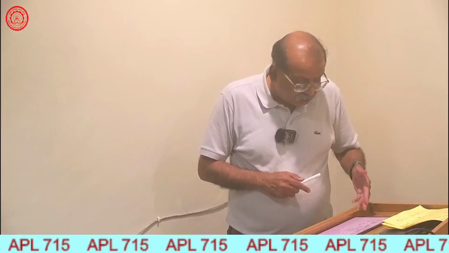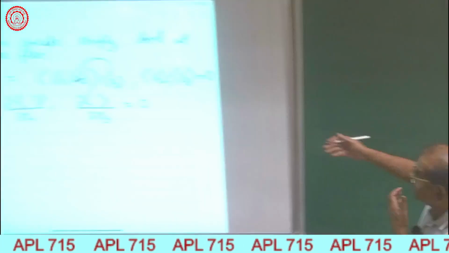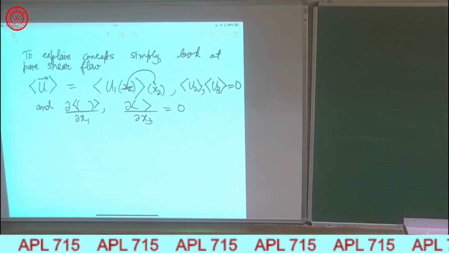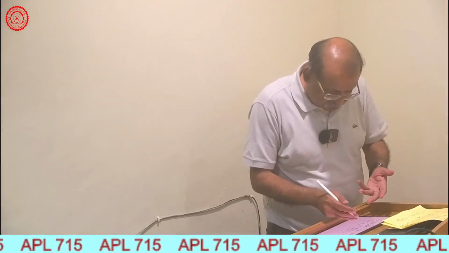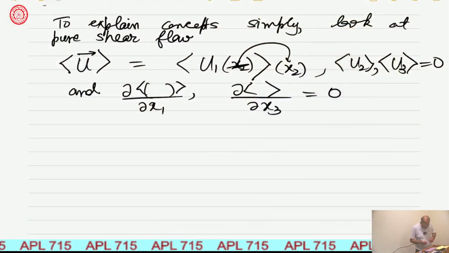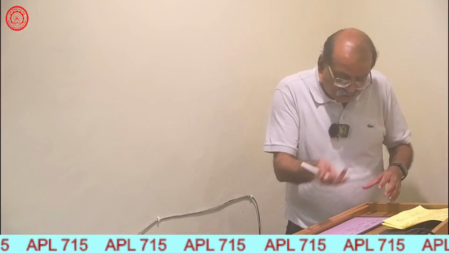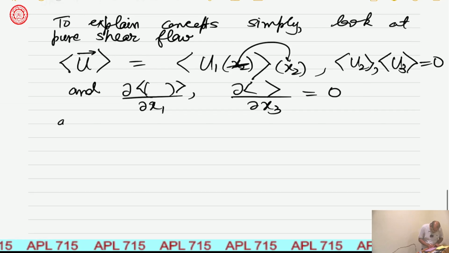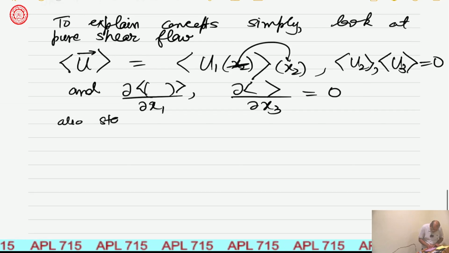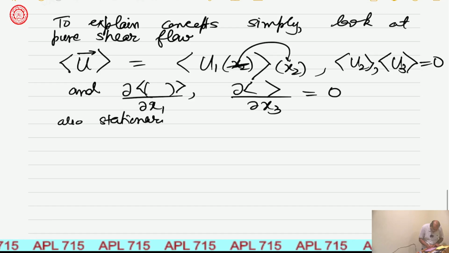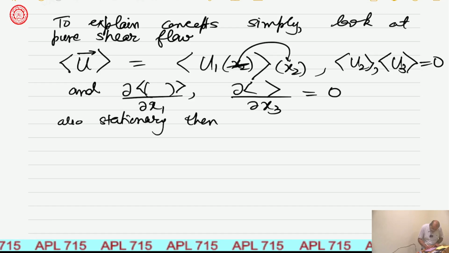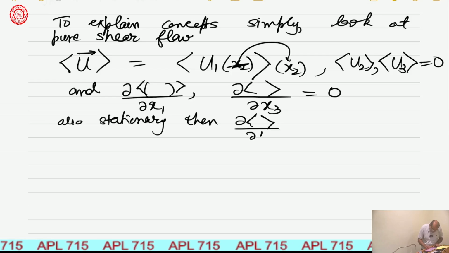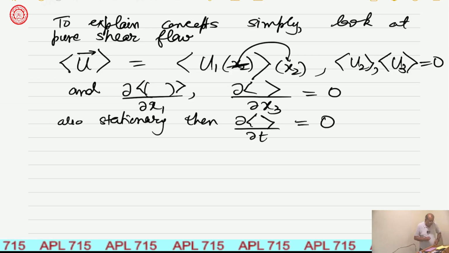Obviously, we don't say u1 is constant because mean of u1 is changing with x2, but mean of u1 is not changing with x1 and x3. All other quantities, all averages, will only depend on x2. And if the flow is also stationary, then the time averages will also be 0.